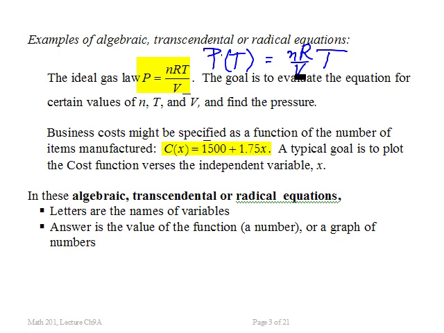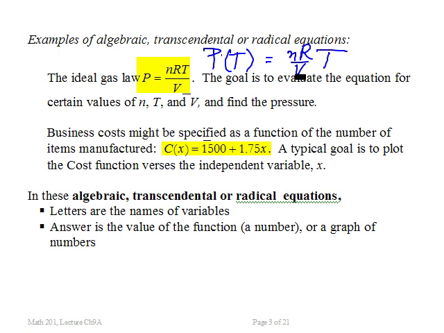And the typical goal is to find the cost for specific values of x, or to plot the cost function. So in these algebraic, transcendental, or radical equations, the letters are the names of the variables. The answer is the value of the function, that is a number, or a graph of the numbers that correspond to the function at specific values.